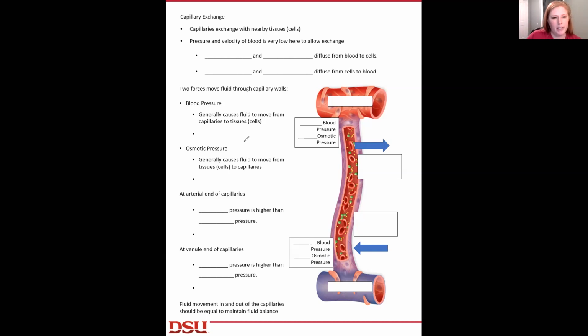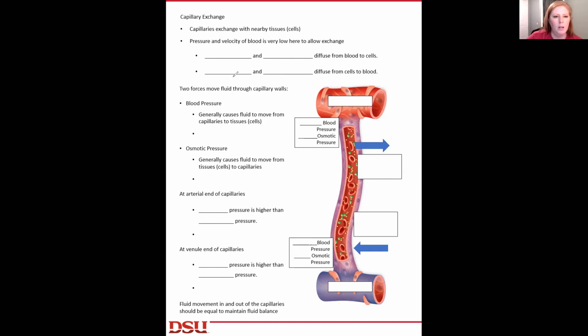Okay, capillary exchange. In other words, we're going to start talking about how and where nutrients and wastes, oxygen and carbon dioxide, fluids, where that kind of transfer is going to happen. Because even though capillaries are crazy tiny, they do have ends. They have an arterial end and a venular end.